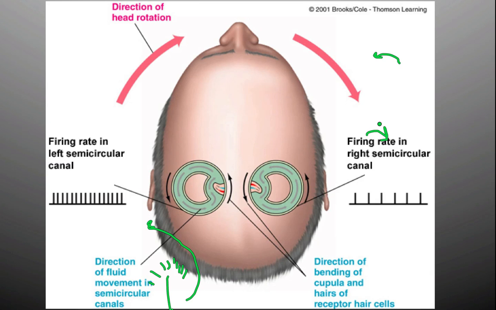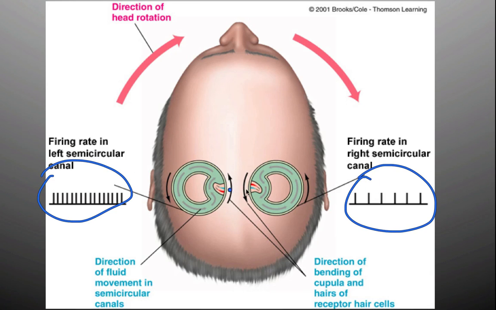The firing rate that exists when you turn your head is going to be greater on one side than the other, depending on the way your head rotates. In the case of a horizontal plane semicircular canal, if you were to turn your head to the right, the firing rate in the left semicircular canal would be a lot greater than that in the right.